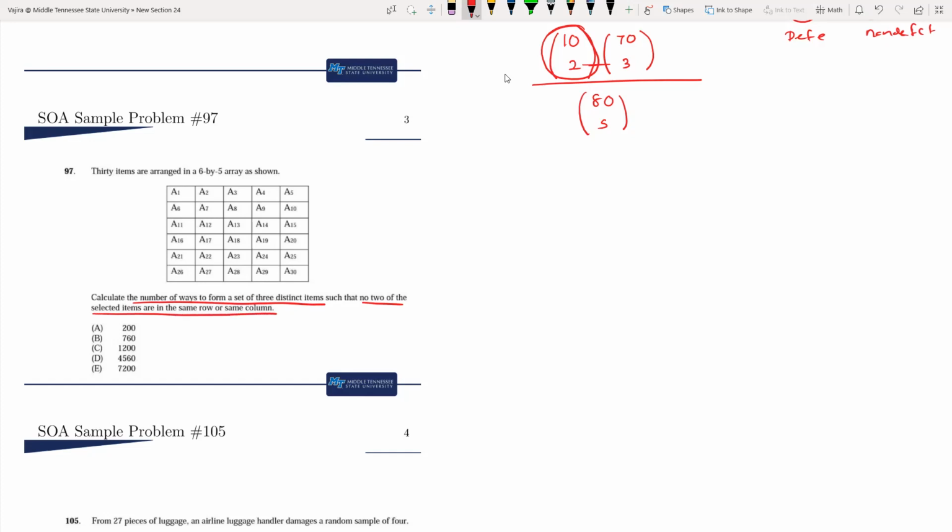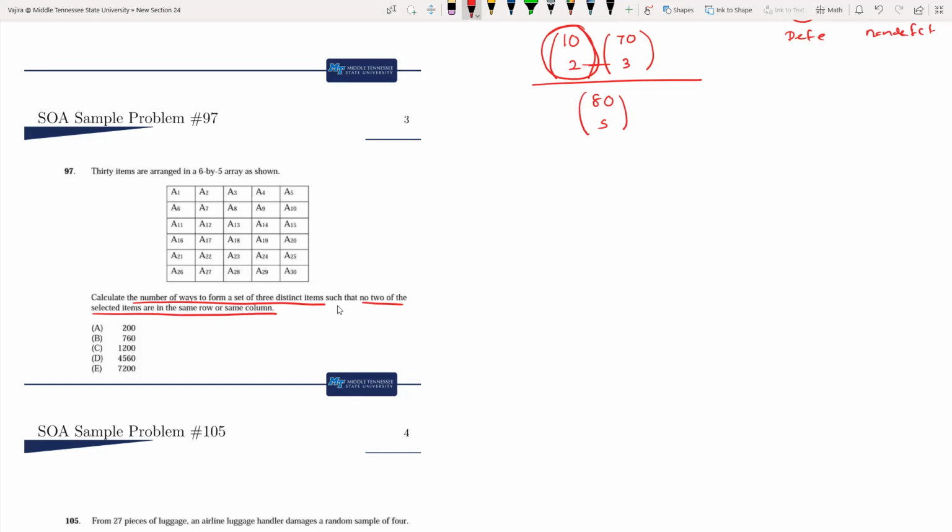However you choose the 3 distinct items, that doesn't matter. So we are really dealing with groups, or you can say a combination problem. It's not a permutation problem. That's something you need to really understand.